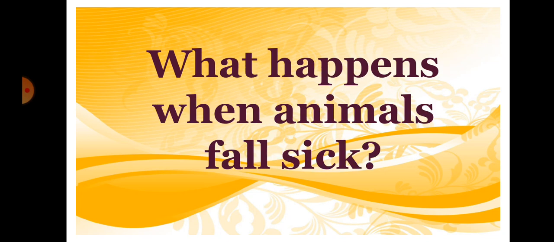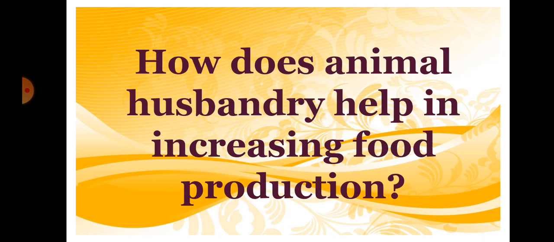But what happens when an animal falls sick? What do we do then? If the animal is sick, or has not been given a proper diet or proper conditions, then it will not develop well. Therefore regular vaccination and examination by veterinary doctors are important. Animals like sheep and silkworms also need special care.